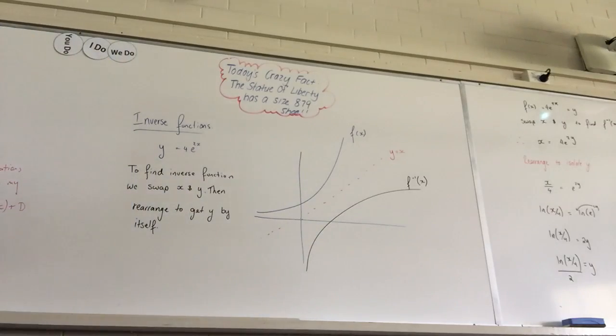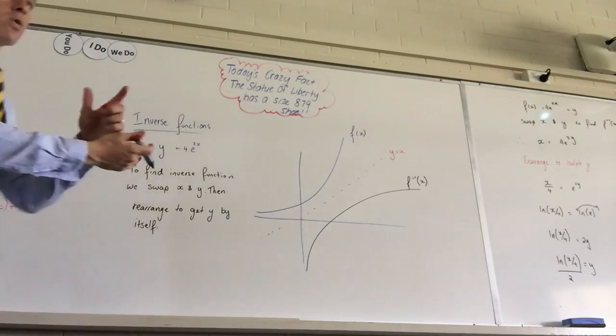What do you notice about the black line and the blue line? They're opposite. What do you mean by opposite? Whatever's on the x-axis in blue is the y-axis in black.